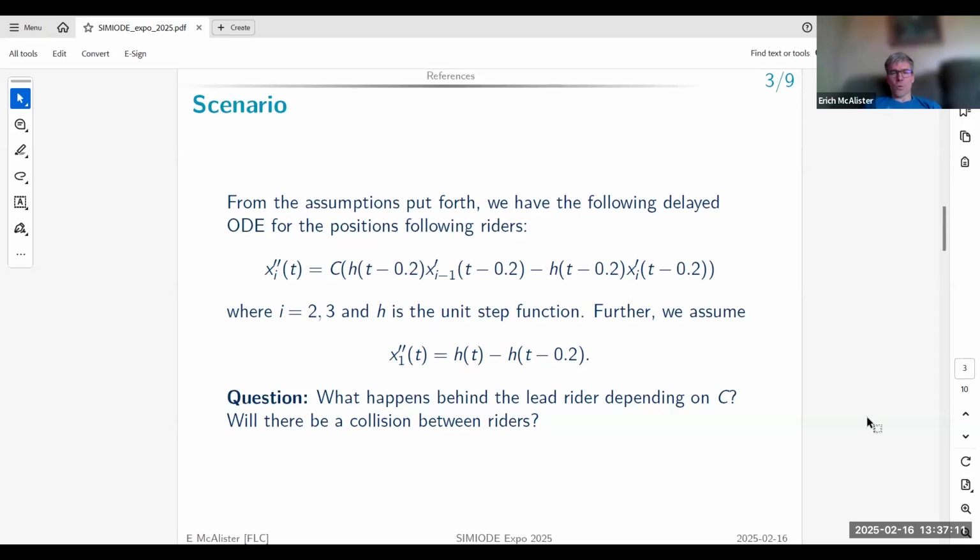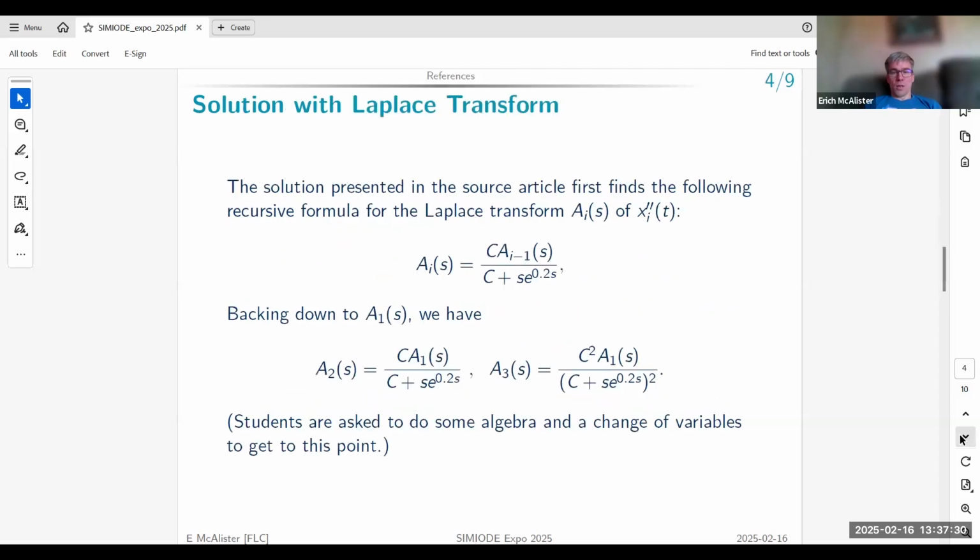So we're presenting this scenario analytically, and for the purposes of talking about how Insightmaker is useful, we're going to go through briefly how one solves this problem analytically. This is basically the solution presented in the original source paper.